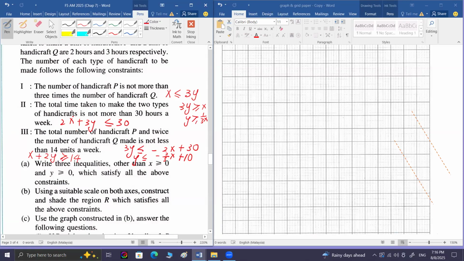Let's say X0, Y10. Here X0, Y7. Here X0, Y10. Can you see that? So it means the Y-axis you can go until 10. Got it? Okay, so for the X-axis, let's say here we got 14. X-axis 15 here.